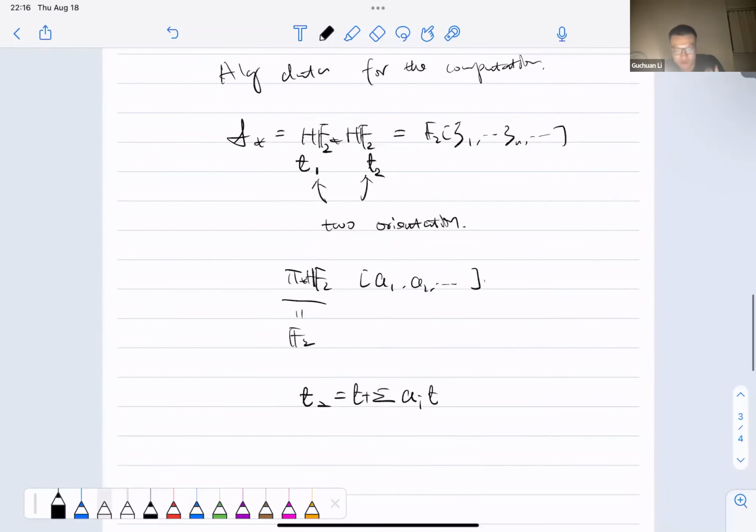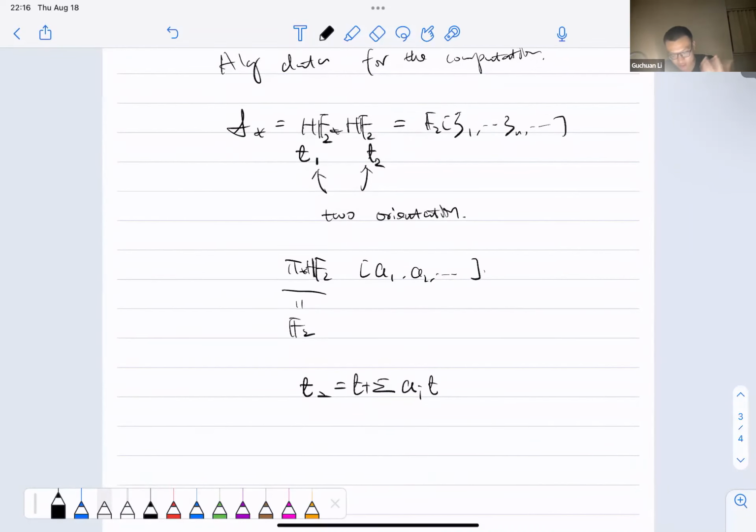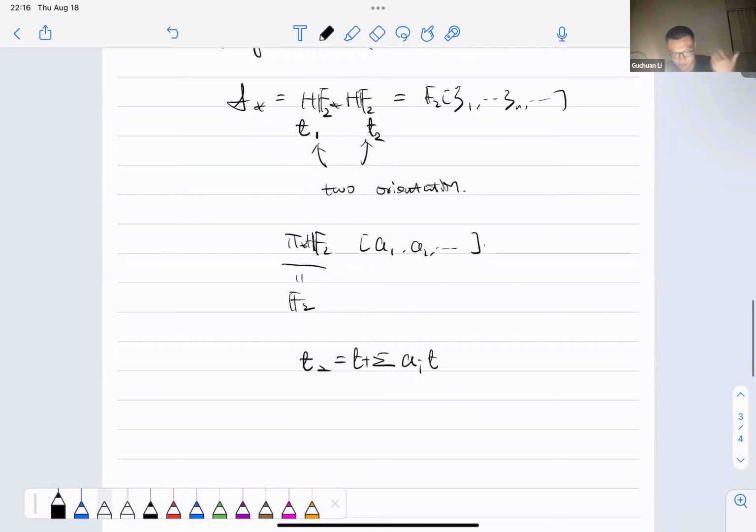That puts more restrictions on the morphism coefficients. In particular, because it's additive, there's no intersection term x times y. Everything is purely x or purely y. So you want all the intersection terms to vanish. In particular, since you're only working over F2, you want all the powers to be 2 to some power.